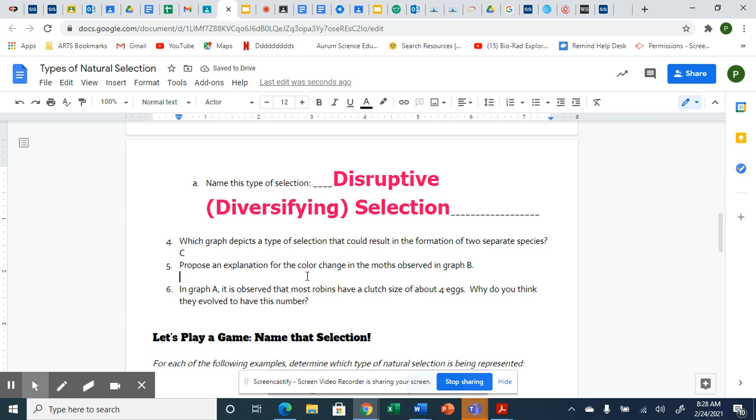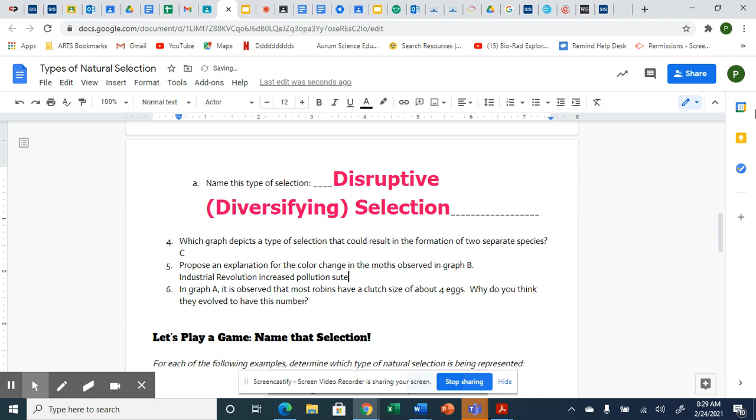And propose an explanation. Well, I told you the whole story about the industrial revolution, increased pollution, soot. How do you spell soot?